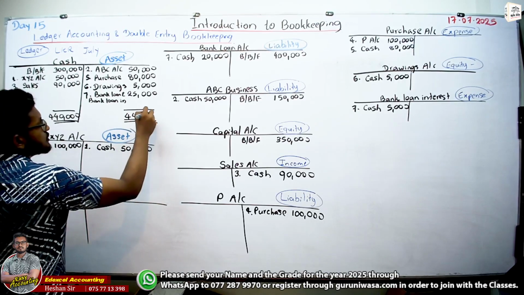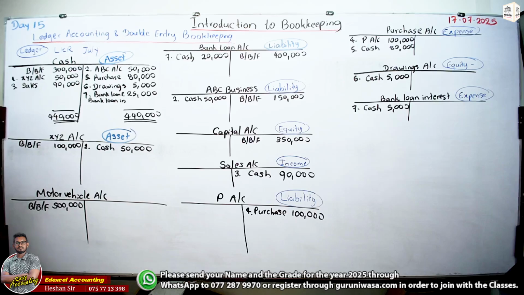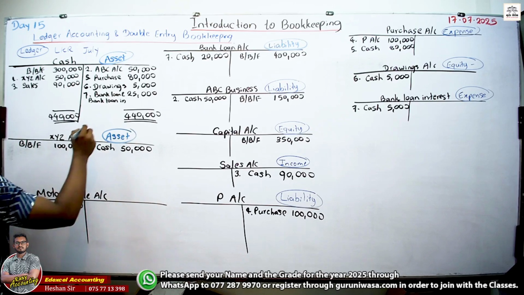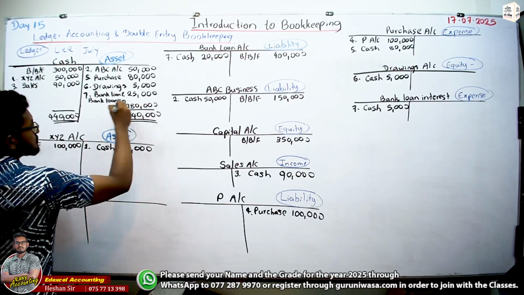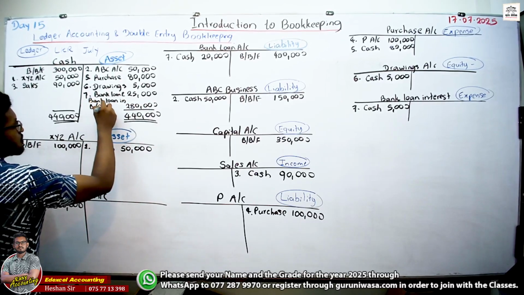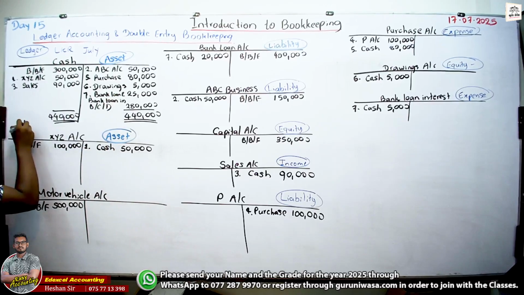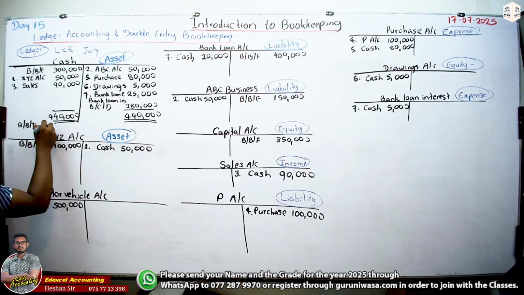The lower value side total you can take. When it comes to the lower value side, it's 50,000 plus 80,000 plus 5,000 plus 25,000. It's 160. So 440 minus 160 is 280,000. Balance carried down. Balance brought forward, or brought down, 280.